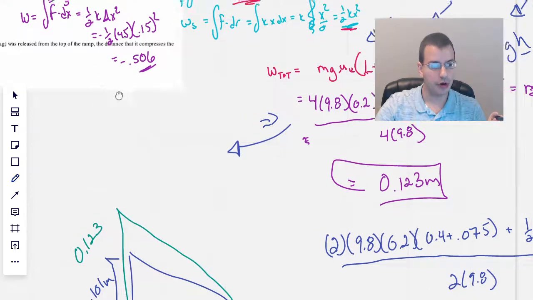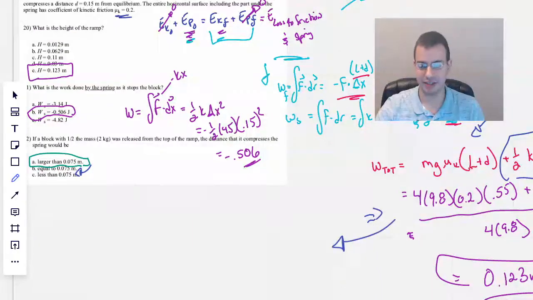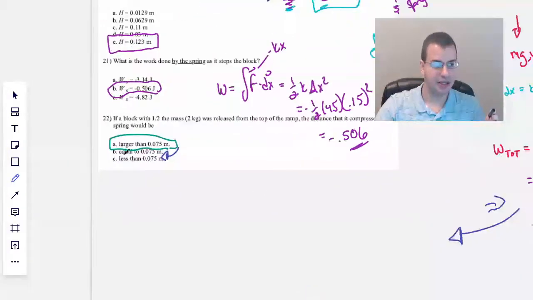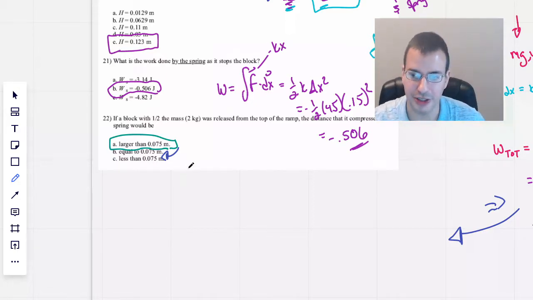And we know that we already have a ramp that's 0.123, so the current ramp we have is more than sufficient to compress this spring 0.075 meters. So it'll compress the spring more than that, and that means the distance it compresses the spring would be larger than 0.075.